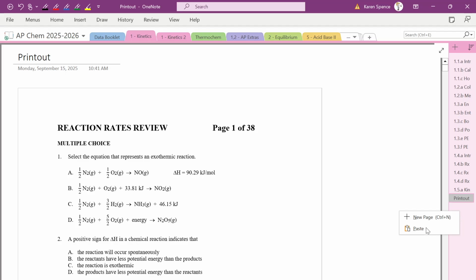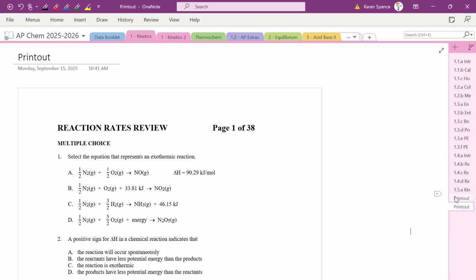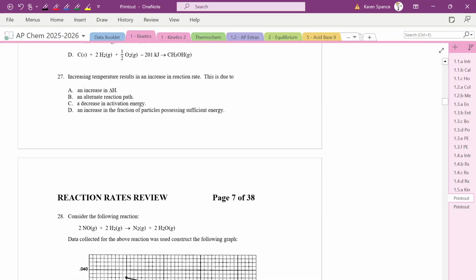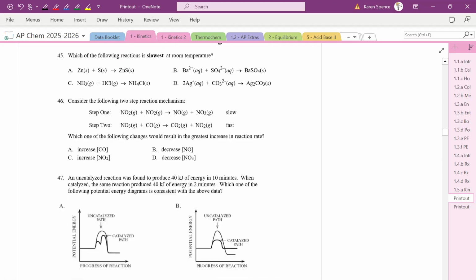Okay, paste. There we go. Computer's getting old. It has to think a lot to do these things. Okay. No one else has any other questions? Just number 46? Okay, well, we'll do number 46 then.